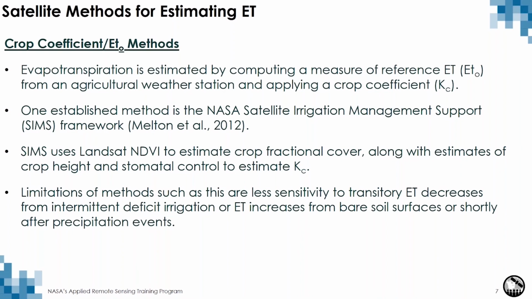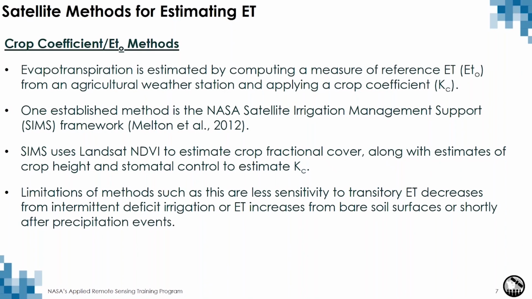That being said, the main limitation of this method, and why it's a good agricultural method for irrigated agriculture but maybe not so good in rain-fed agriculture, is that there is less sensitivity to changes in ET related to deficit irrigation or changes in stress. It's really good at estimating evapotranspiration when we have a good understanding that the plant is well watered.